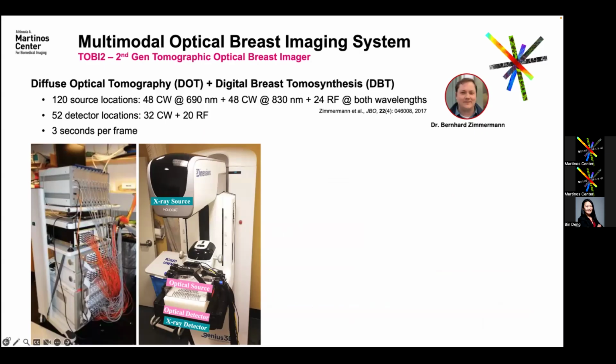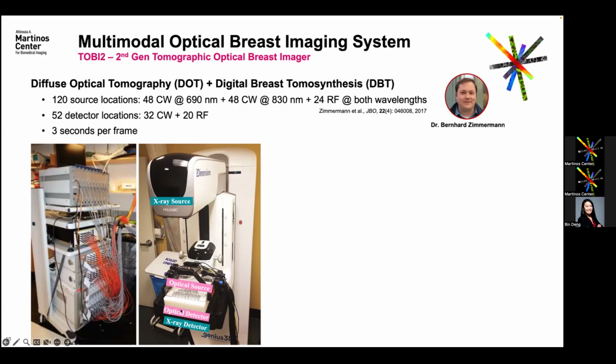The optical instrument looks like this, and has a lot of fibers, because we have 122 source fibers that connect from this card through these cables to the arrays on the compression paddle. And then we have 48 and 24 RF and 32 and 20 RF detectors on the other side of the breast.